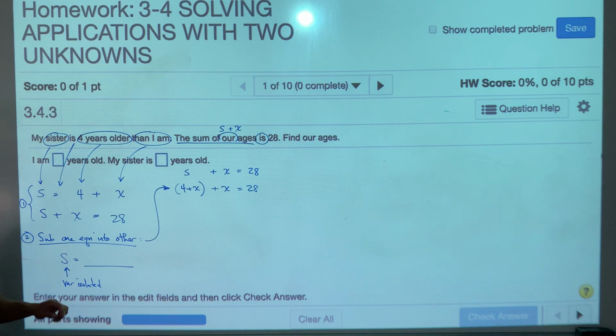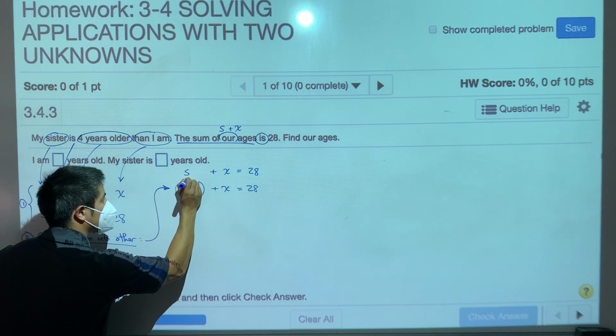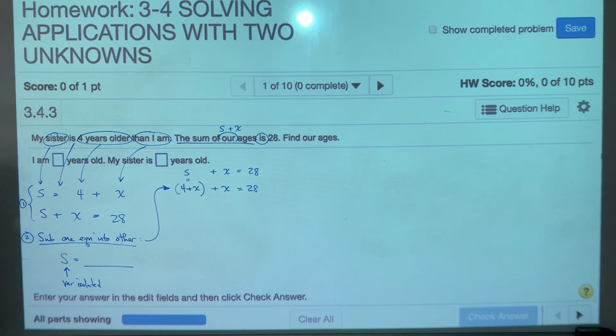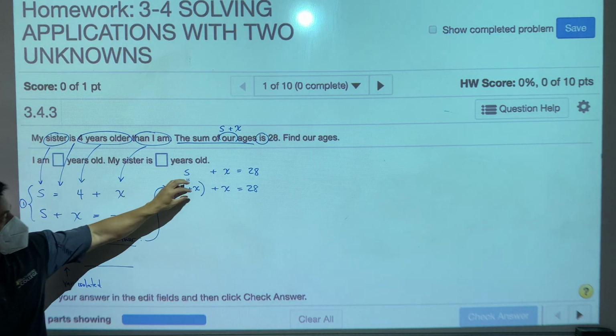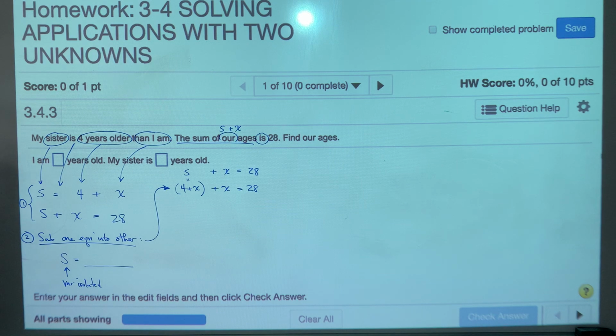What did I do? Well, I knew that S is equivalent to 4 plus X, isn't it, from this one? And so I took the 4 plus X from here and put it into that other equation. Did I drive that point home hard enough there?